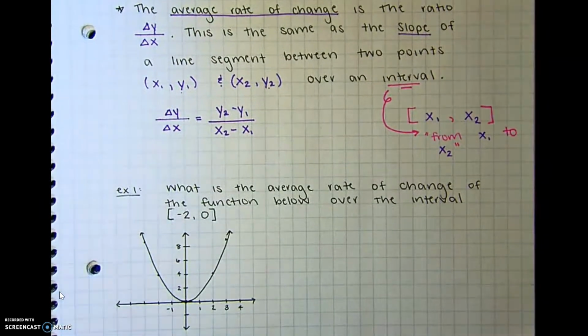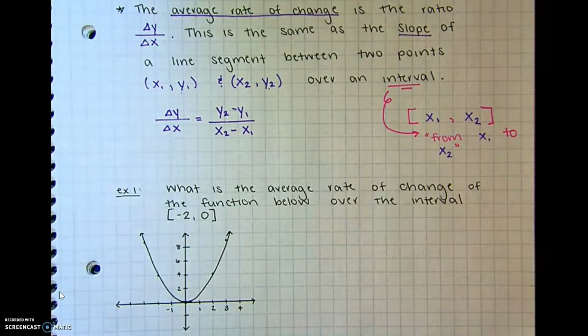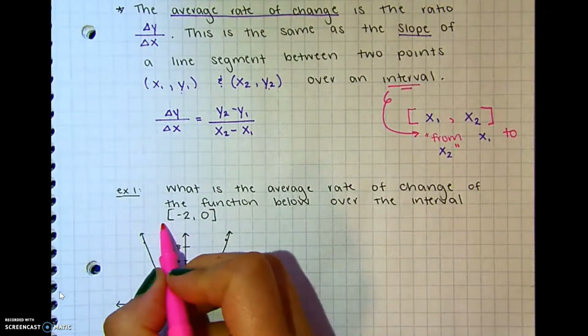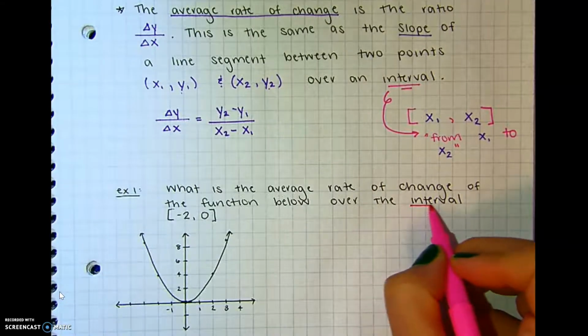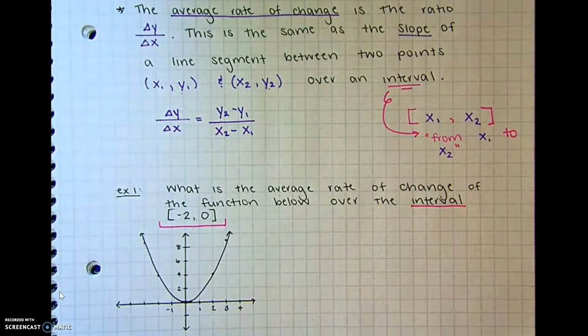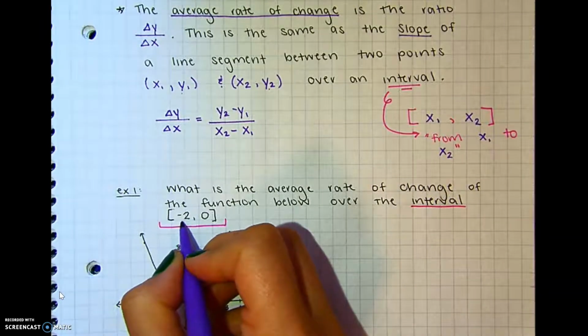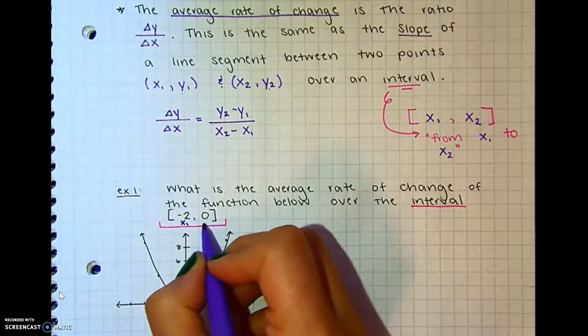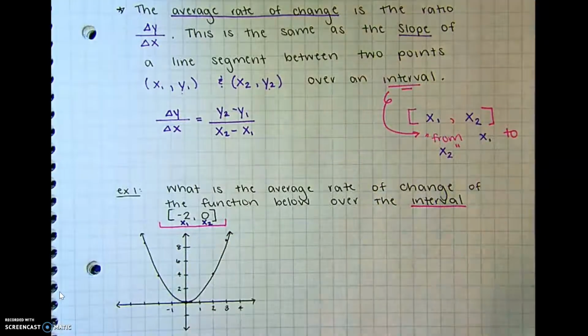Okay. So, now that we have a graph, this is the interval, remember. So this whole thing is the interval, which means -2 is x1 and 0 is x2. So the first thing we need to do is figure out what our coordinate points are.